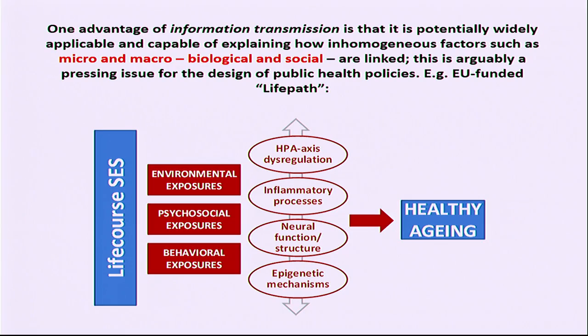And there is a number of potential mechanisms in the middle between those exposures and the overarching concept of life course socioeconomic status and healthy aging. So we want to use a combined approach which uses the traditional epidemiological approaches based on questionnaires and so on, but also mechanistic information on the intermediate pathways.